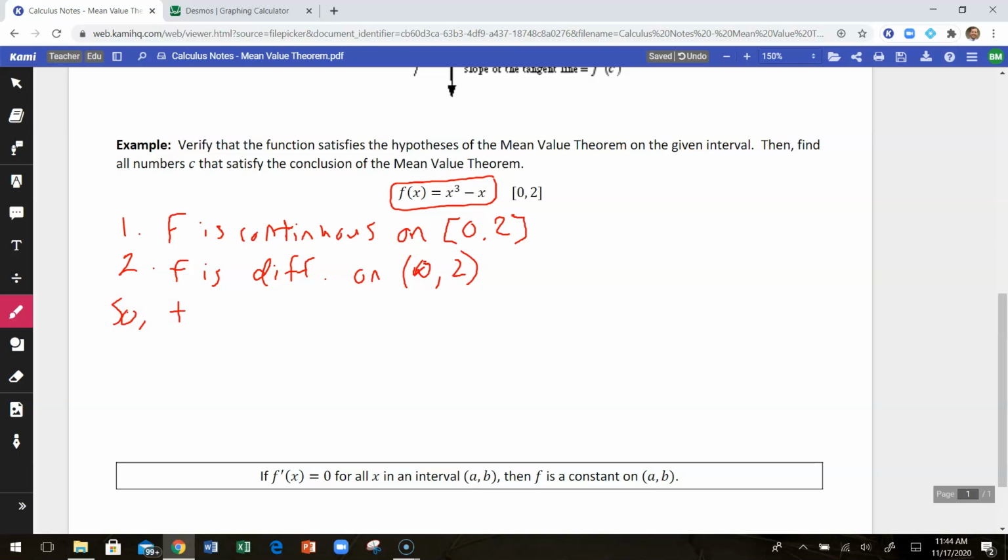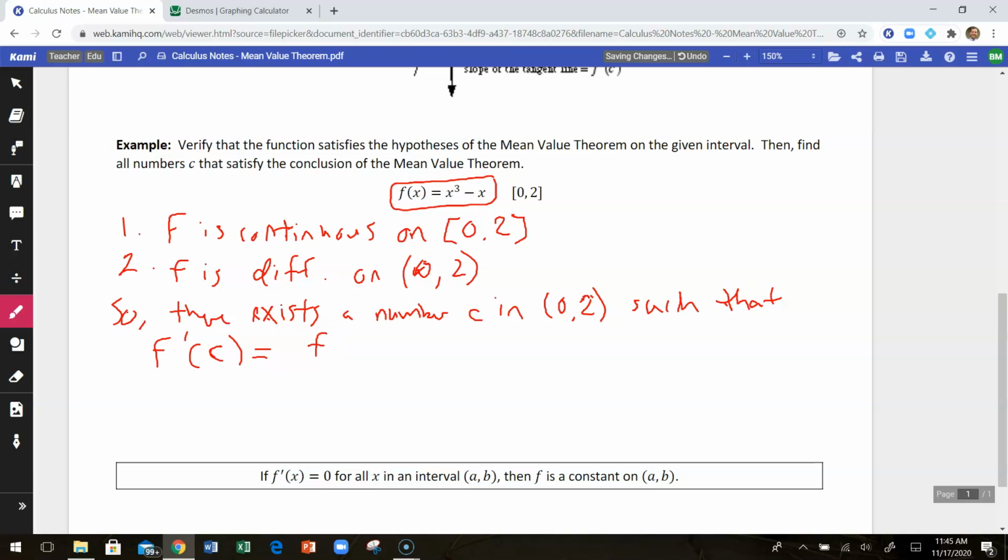So there exists a number c in the open interval from 0 to 2 such that f prime of c is equal to, now it's f of b minus f of a over b minus a, and I'm going to use the values that we have here for b and a.